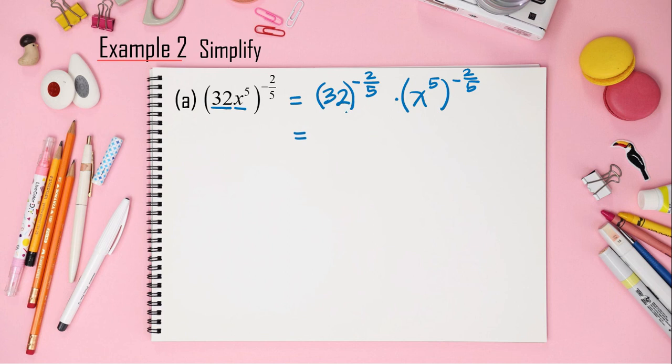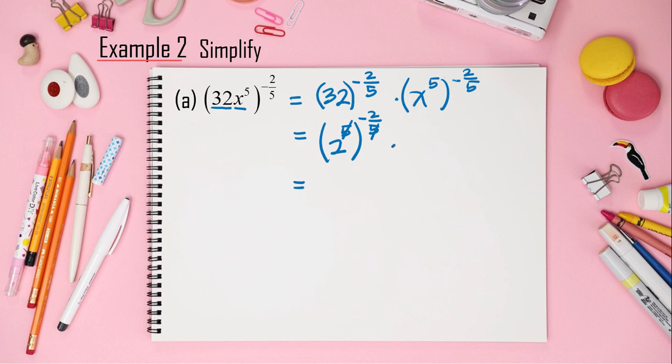If possible, we will find a base to the power of 5 which makes 32, so that the 5 with the index negative 2 over 5 can be cancelled out. So 2 to the power of 5 makes 32. We can cancel 5 and 5, so we are left with 2 to the power of negative 2.